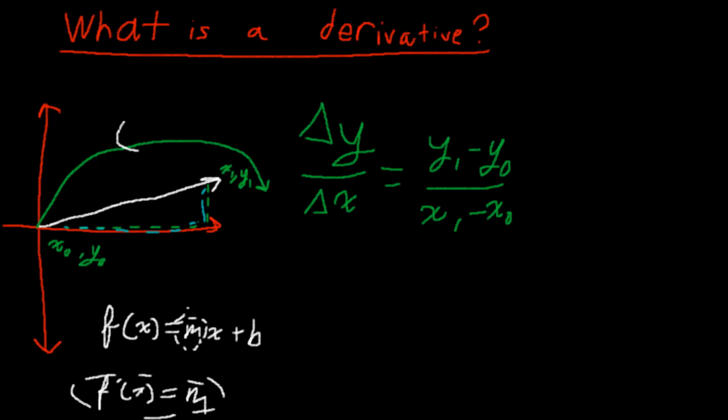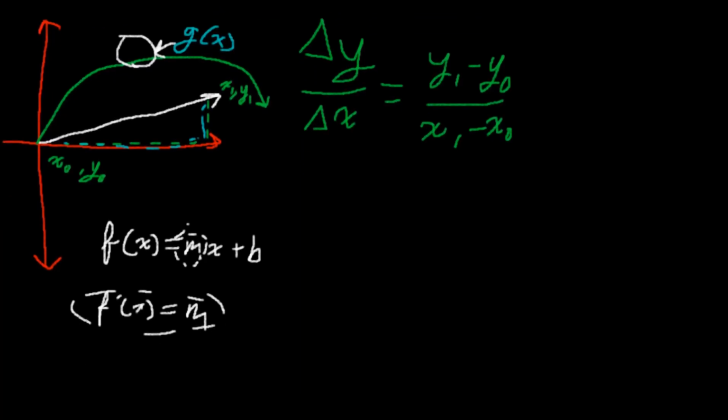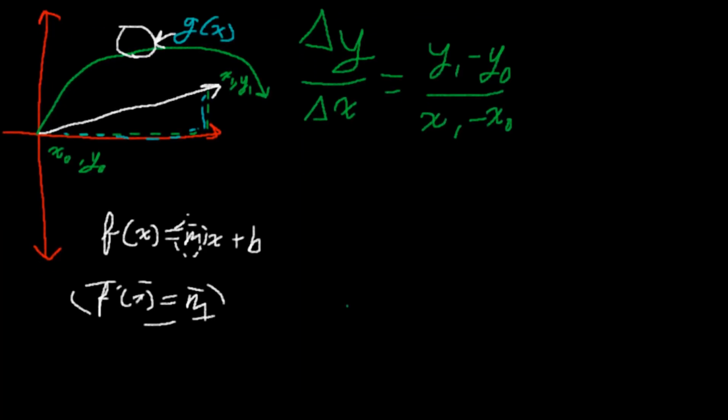But we're going to get into this. If I zoom into a part of this function, let's call this g of x, it would be green, and it goes down like this.